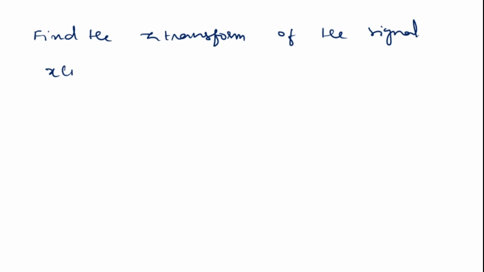Find the z transform of the signal x of n is equal to n sine pi by 2 n into u of minus n.